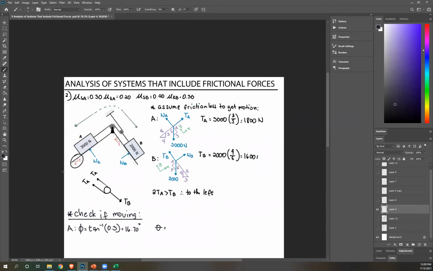We have the slope for theta, and to get this angle, you just use tangent again: opposite over adjacent. Opposite is 3, adjacent is 4. So arctangent of 3 over 4, we get 36.87.